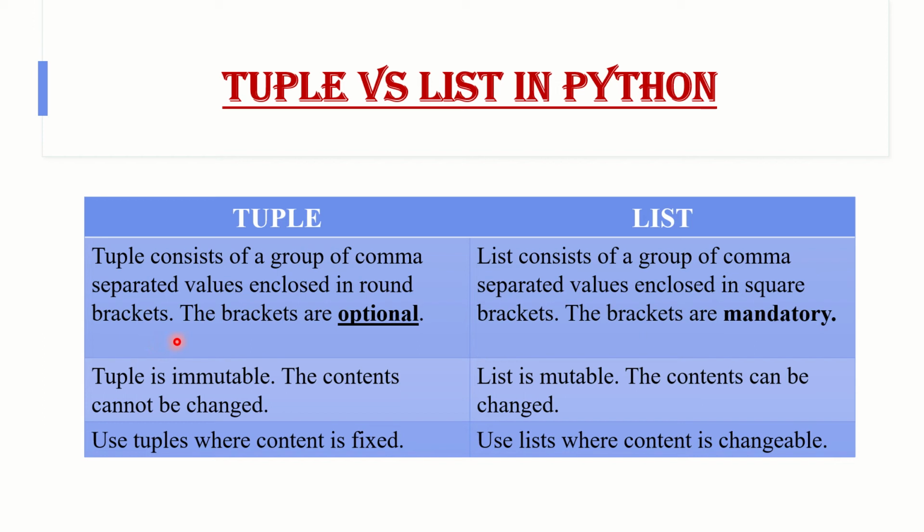Now the lesser known fact is that in a tuple the round brackets are optional, whereas in a list the square brackets are mandatory. A tuple is immutable, the contents cannot be changed, whereas in the case of a list, the contents can be changed and a list is mutable.